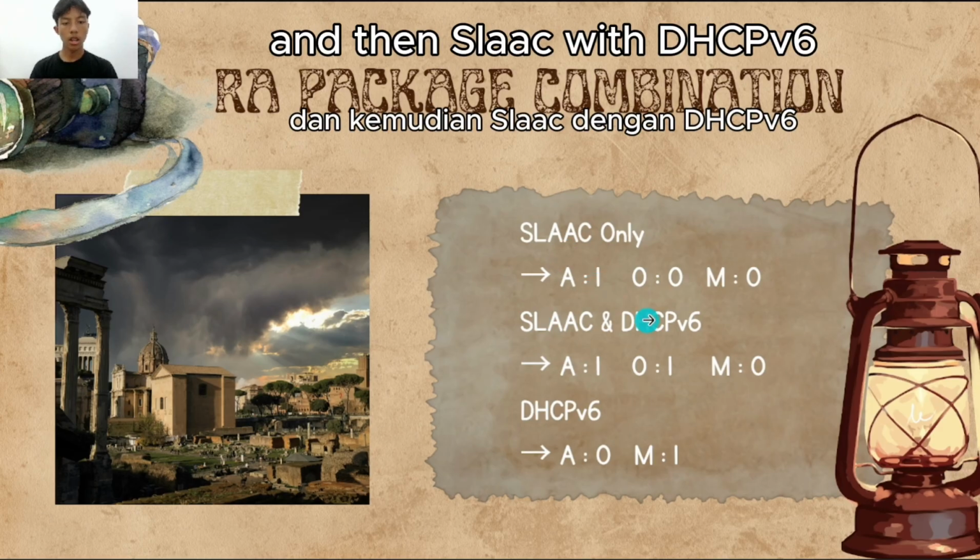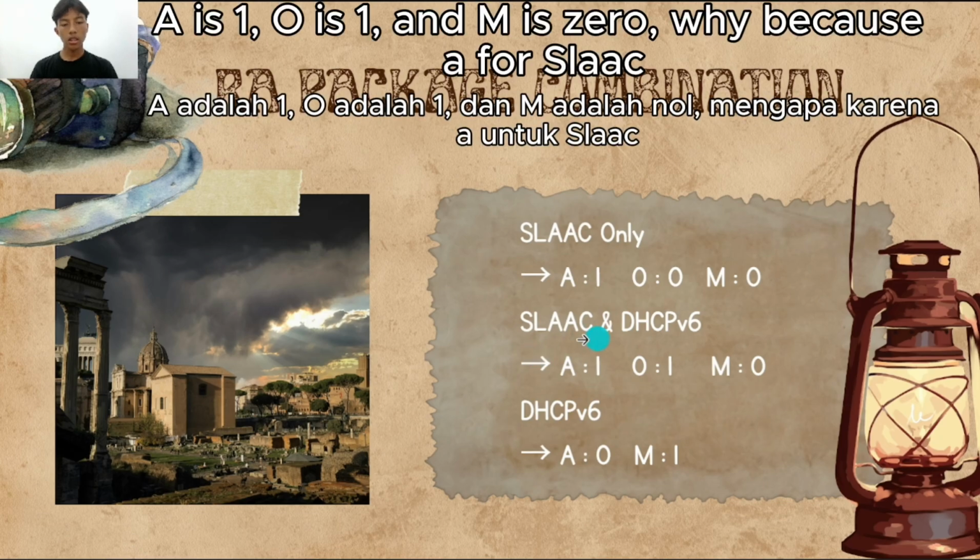And then SLAAC with DHCP version 6: A is 1, O is 1, and M is 0. Why? Because A is for SLAAC.